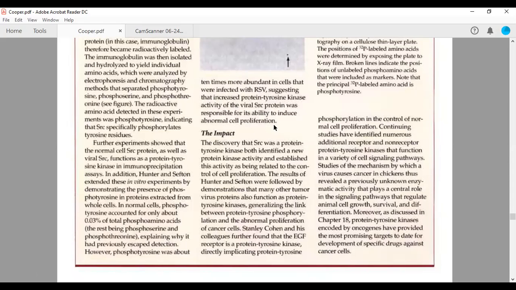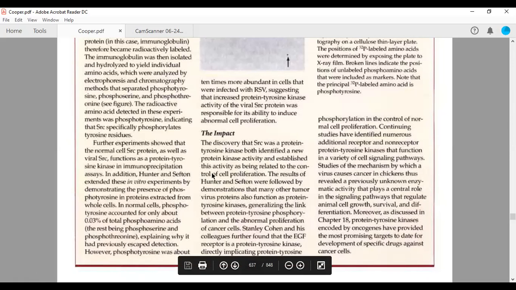Now, what was the impact of this discovery? The discovery that SRC was a protein tyrosine kinase both identified a new protein kinase activity and established this activity as being related to the control of cell proliferation. So it is going to control cellular proliferation somehow. That's why, because it is already present in normal cells also.